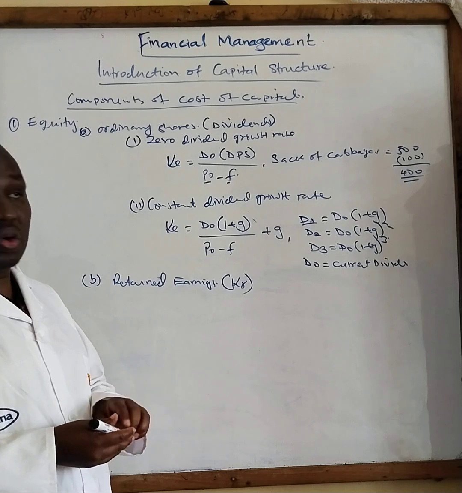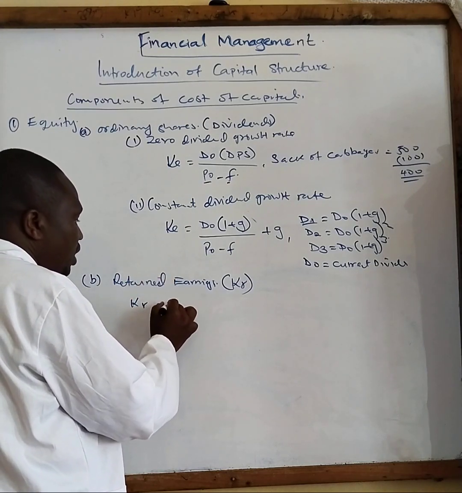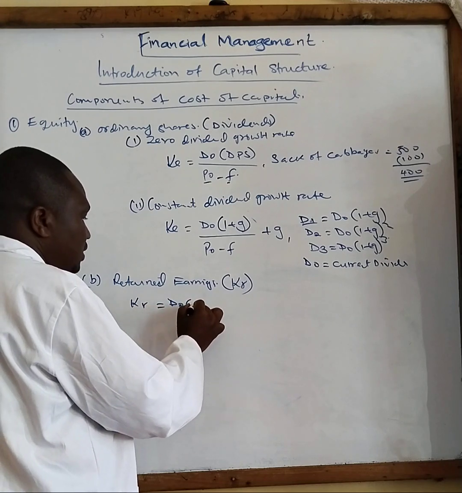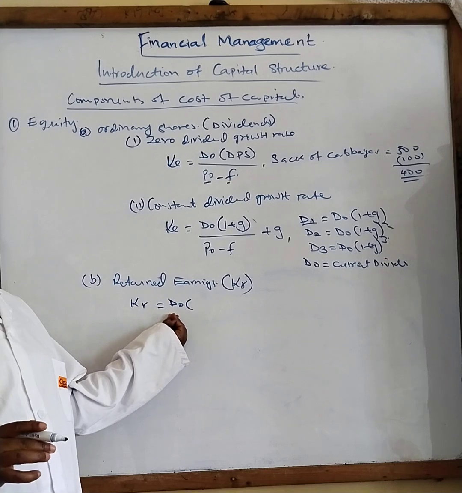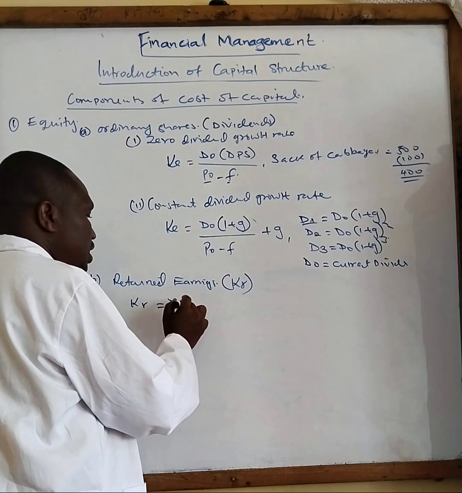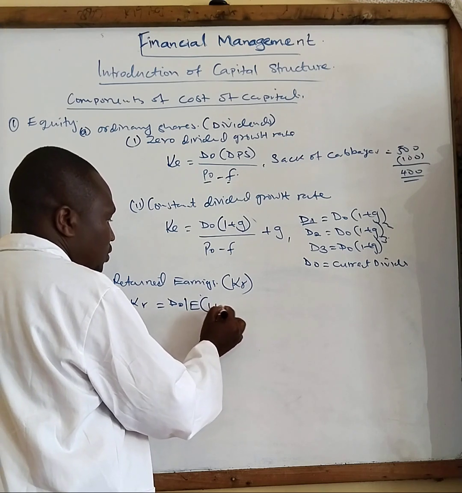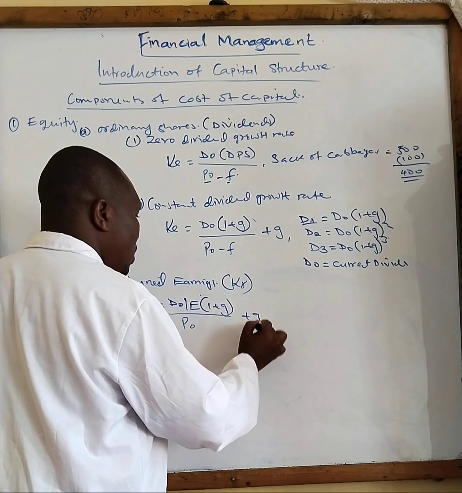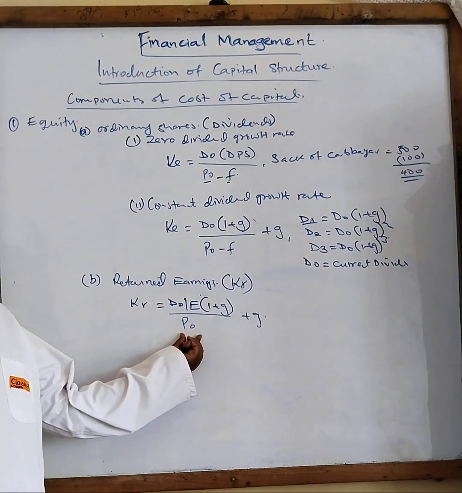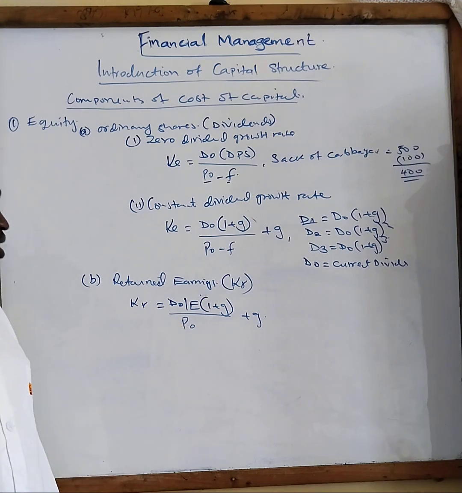Growth is also growing as usual. So we can now say cost of retained earnings is given by D0 into brackets, earnings, into brackets 1 plus G, it is growing, divided by P0. I'm removing flotation because this is already what we have, so it cannot be affected by flotation.